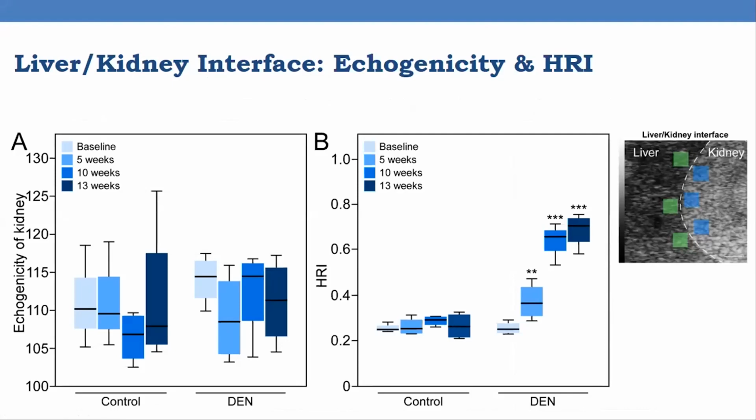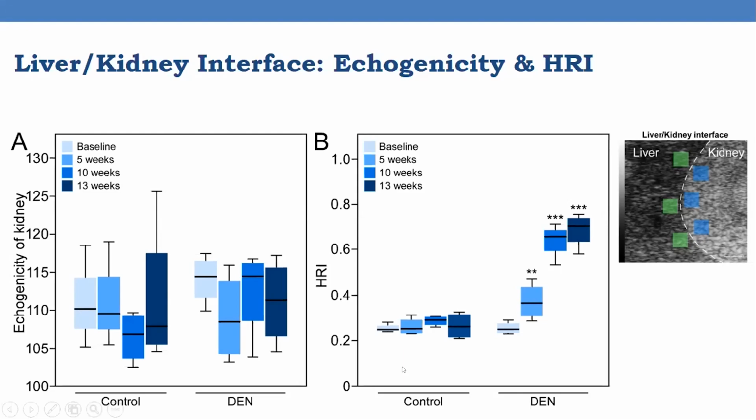And then we quantified the echogenicity of the liver to see if it is changing over time. We found that in both the control groups and the DEN-fed animals, there's no change in echogenicity of the kidney so far, but the hepatorenal index, the liver to kidney ratio, is increasing significantly in the DEN-fed animals as opposed to that in the control groups.